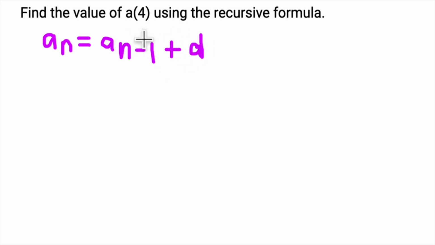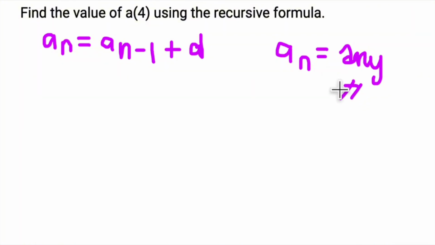Now I'm going to define what an and d are. an is basically going to mean any number. And moving on to d, that is basically going to mean our difference.